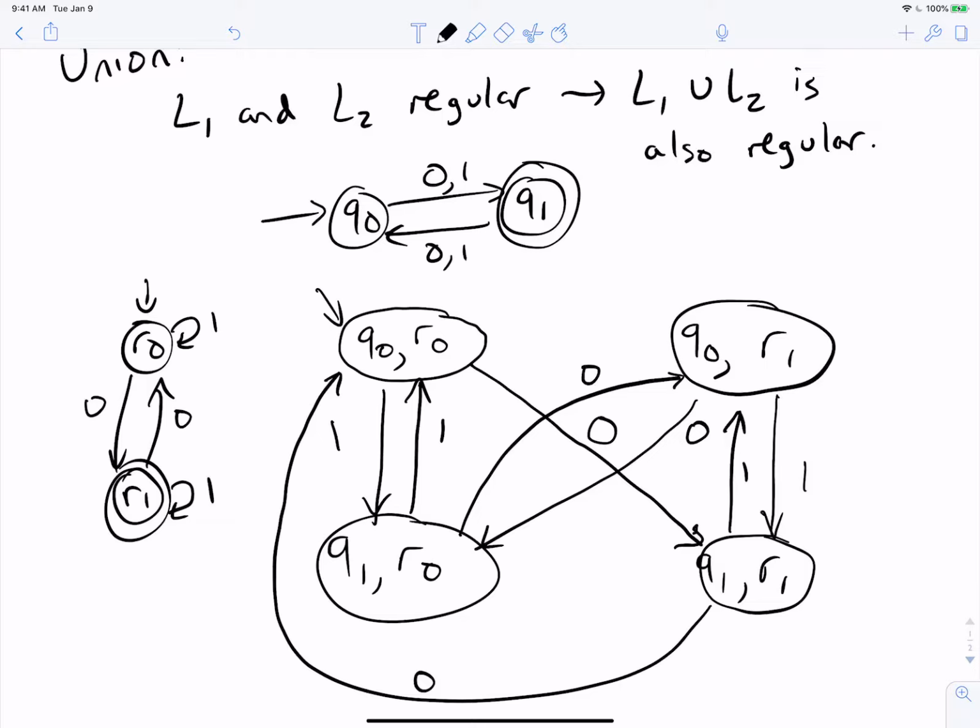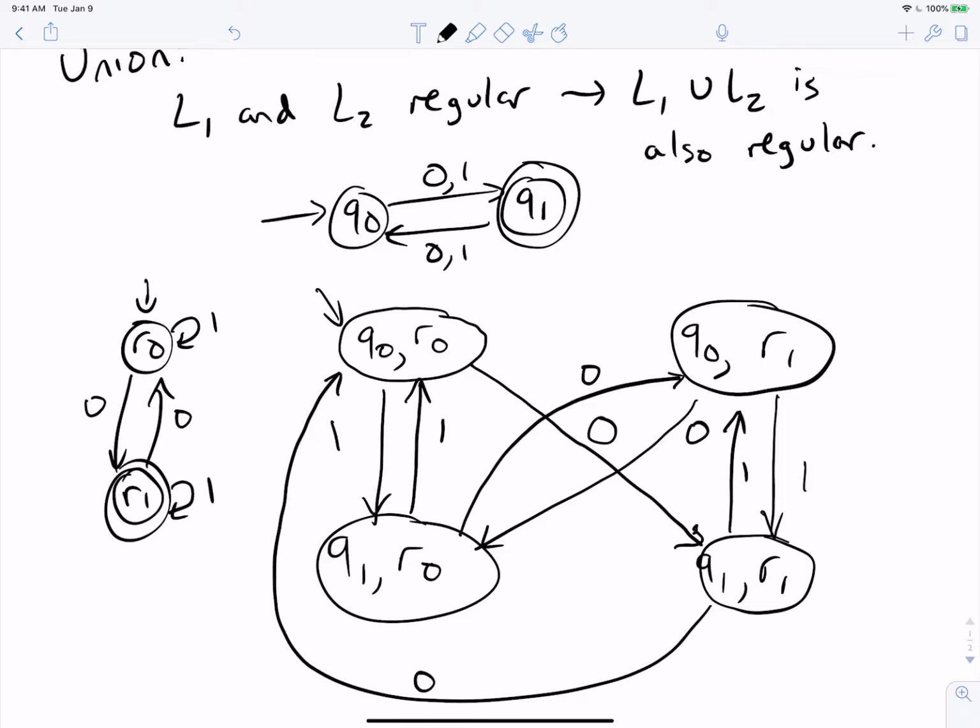So if among these 4 states, if it has a Q1 in it, should it be a final state? Why should it be a final state? Because we're doing union of the 2. If either one of the machines is in an accept state, we should be accepting at that point.